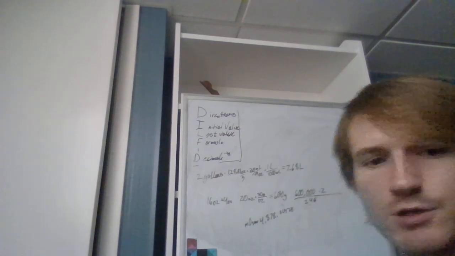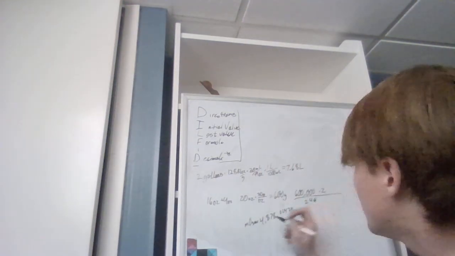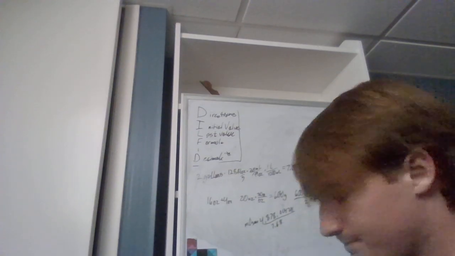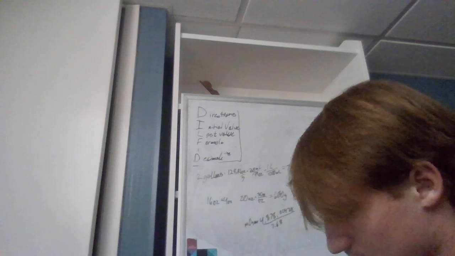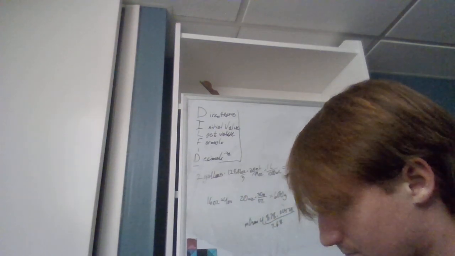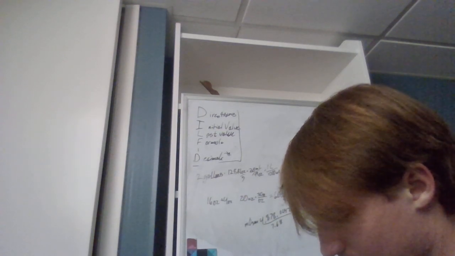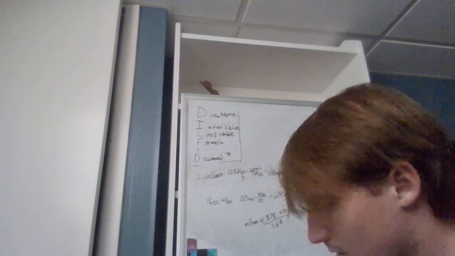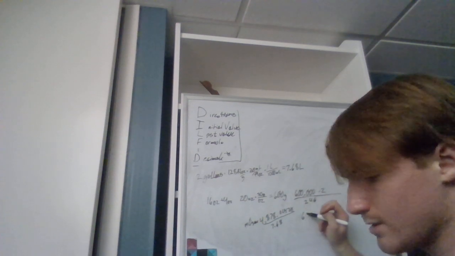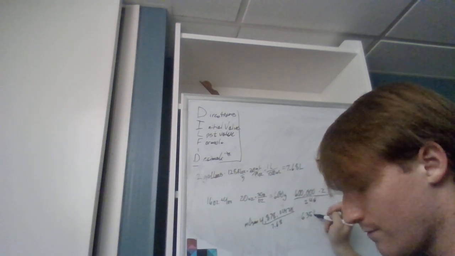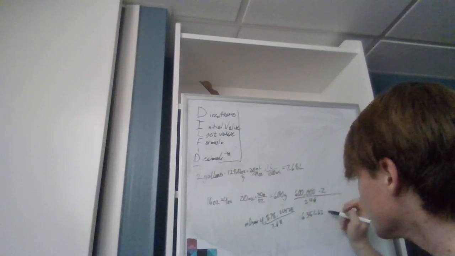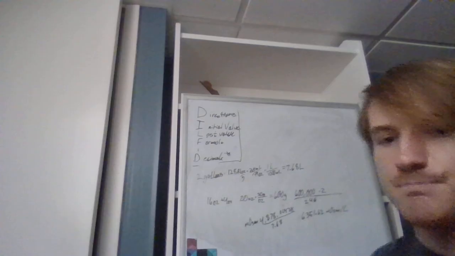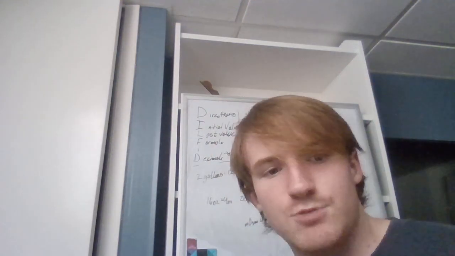And then it was per liter, so divide that by 7.68. That gives 6,351.62 milliosmoles per liter. Okay, so that's it for this one.